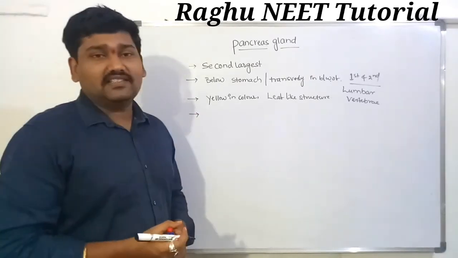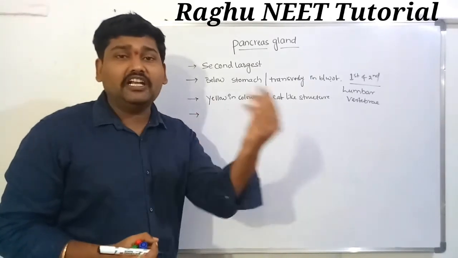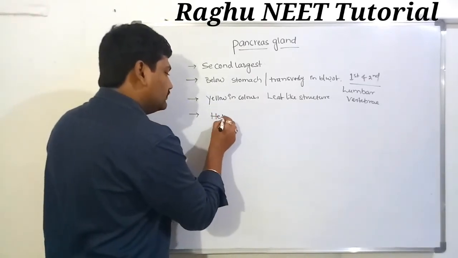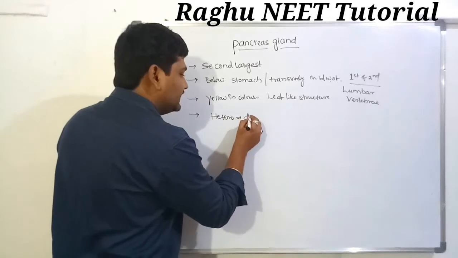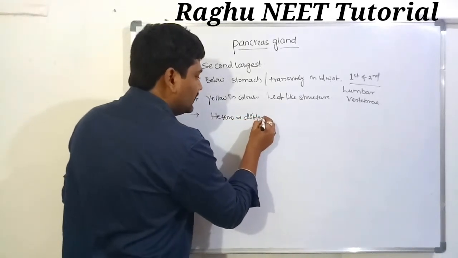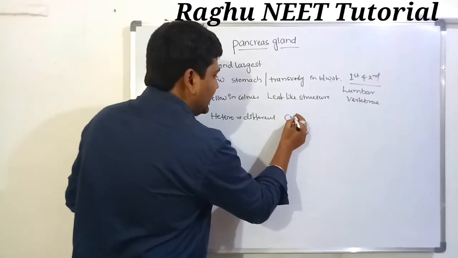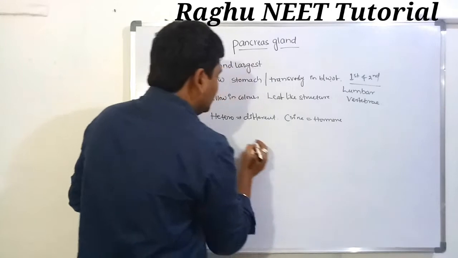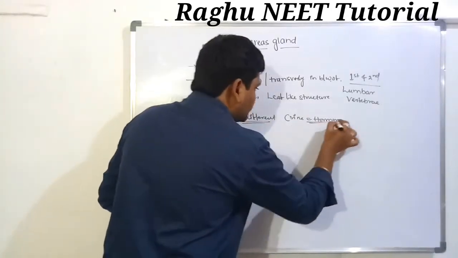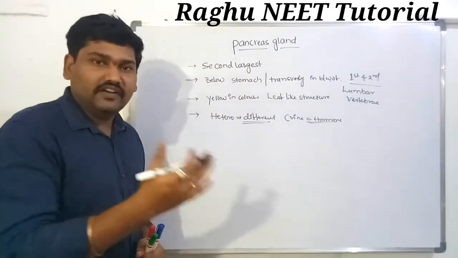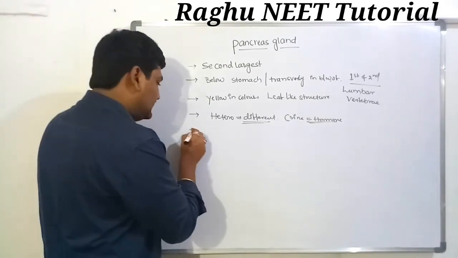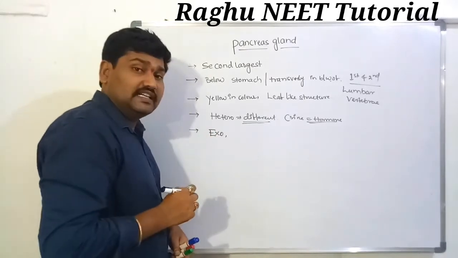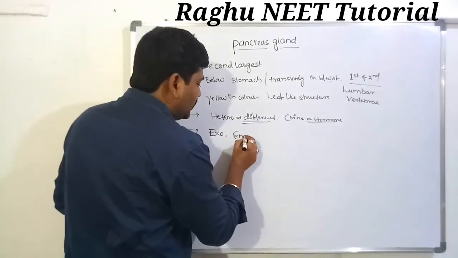The pancreas gland is commonly called a heterocrine gland. Why? Hetero means different, and crine refers to hormones, so it releases different types of secretions. It shows exocrine secretion as well as endocrine secretion.